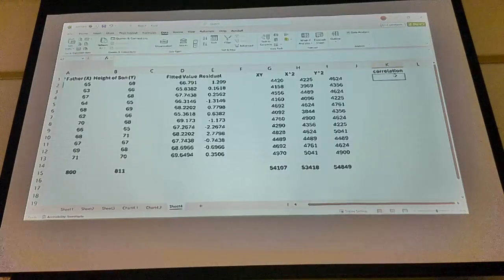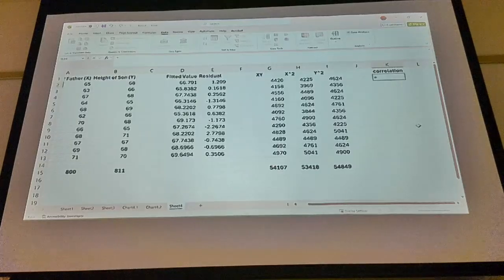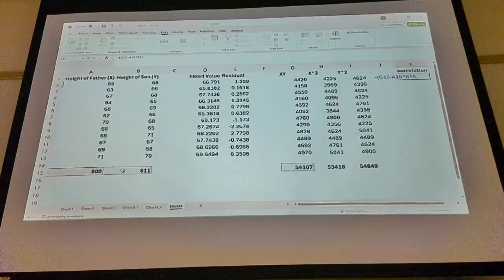What was the formula for correlation coefficient? Numerator, sum of xy minus sum of x times sum of y over n. How many data points do we have? 12, they told us in the problem.